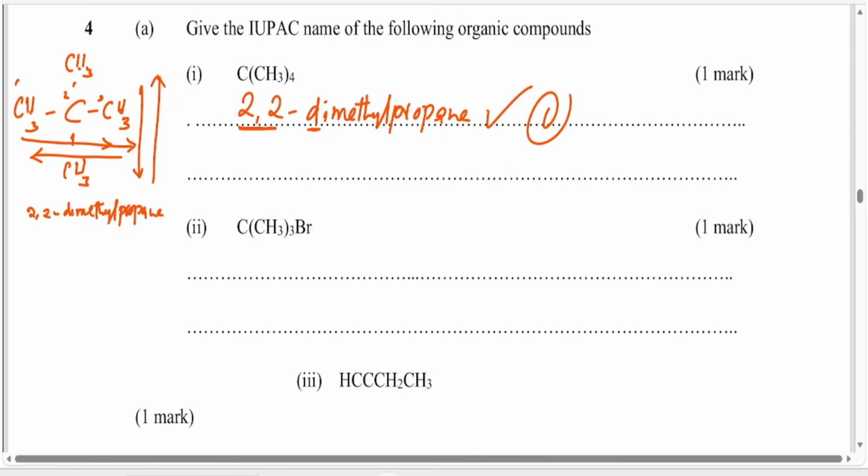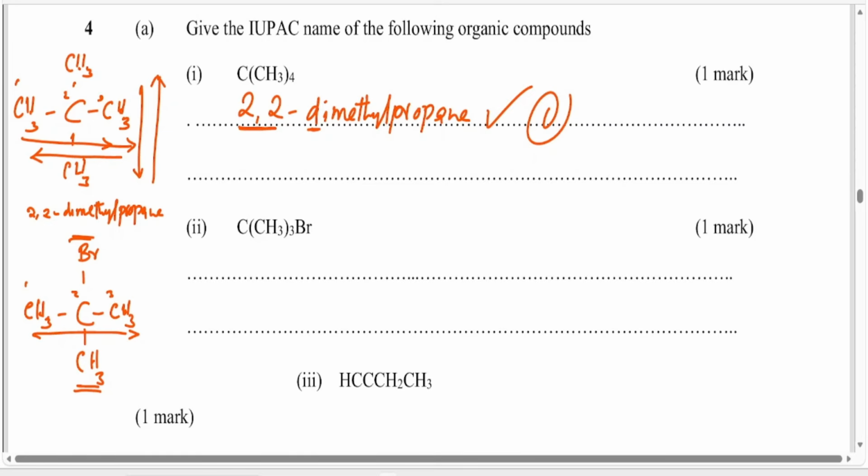Then we have the second one, carbon 3 methyls, then bromine. So I have carbon, methyl, maybe another methyl here, and then the bromide here at this point. So again, I decide this one is my longest carbon chain, and therefore methyl and bromide become my branches, and when I'm naming it's 1, 2, 3.